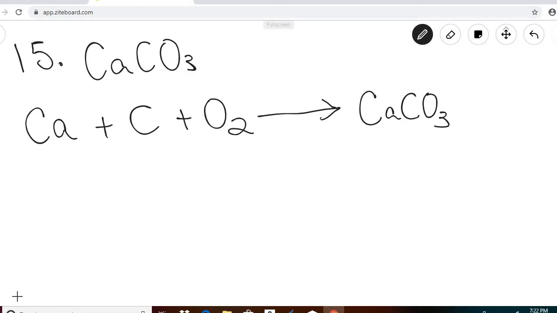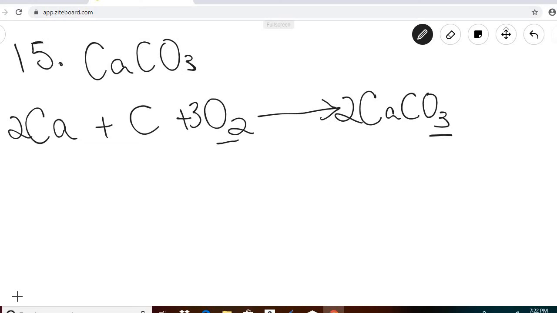Okay, so then if we try to balance it, here we have 2 oxygens and we have 3 oxygens, so let's try to get 6 oxygens on each side. So put a 3 there and put a 2 there. So now we have 6 oxygens on each side. But now we have 2 calciums on this side and only 1 over here, so we can fix that by going like that.